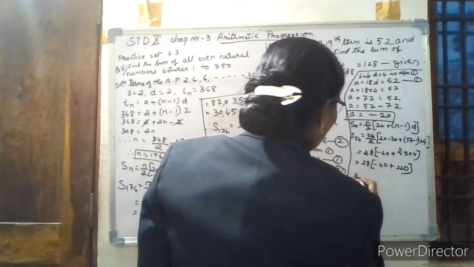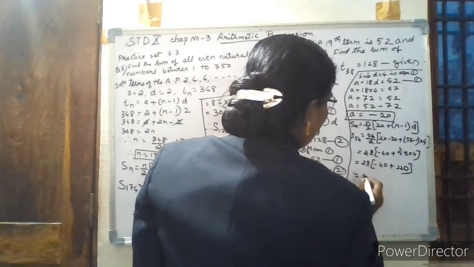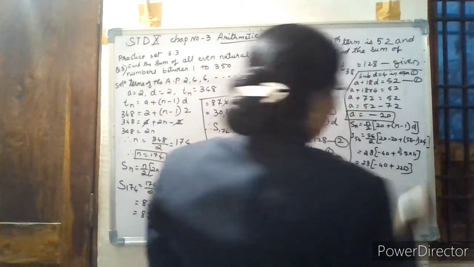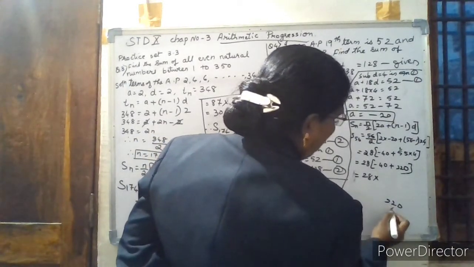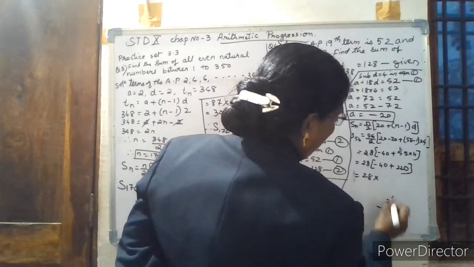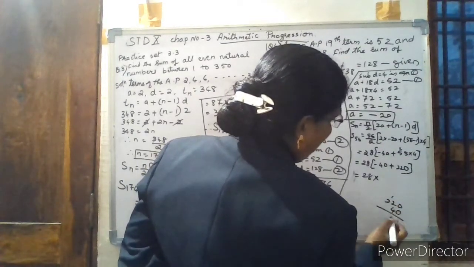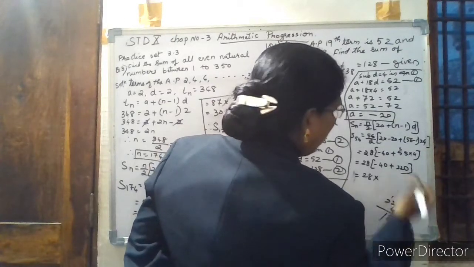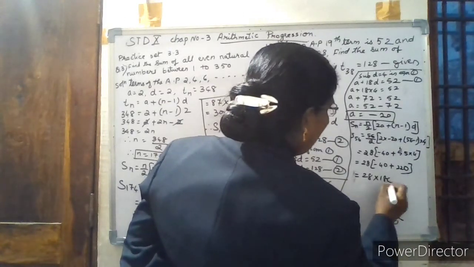So here it is equal to 28 into, now both the numbers have different signs, so subtract and put the sign of the greater number. 220 minus 40 is 180, and the sign of the greater number is positive, so 180.